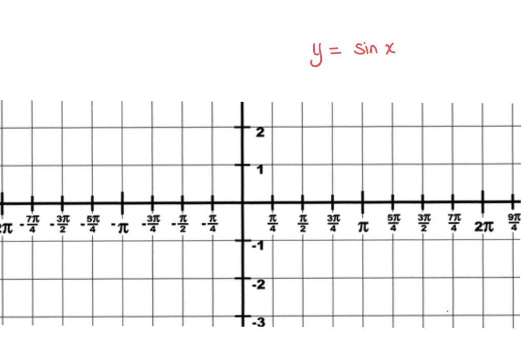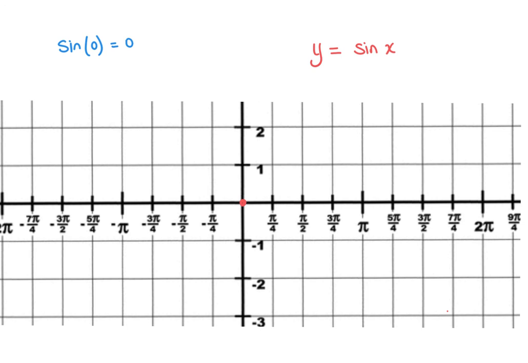And so let's start at 0. If x is 0, the sine of 0, and we're in radians, equals what? If my input is 0 radians, what is the sine of 0? If I input a radians of 0, my y value there is also 0. Does that make sense?